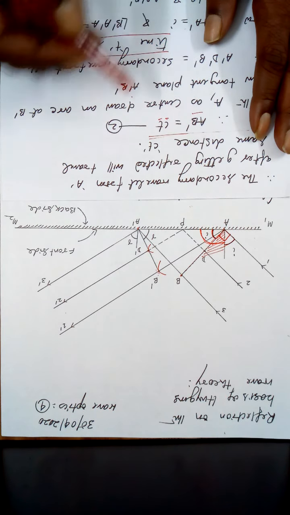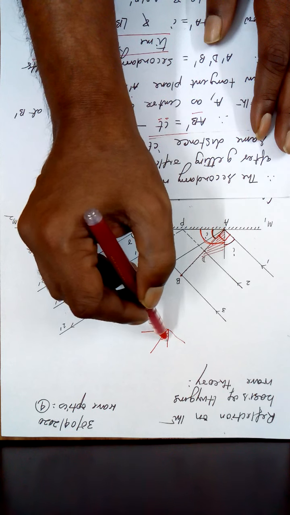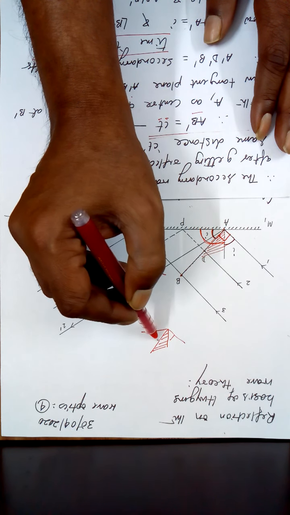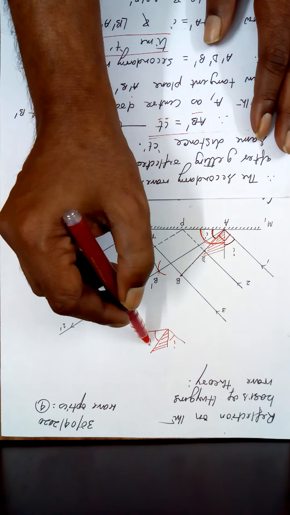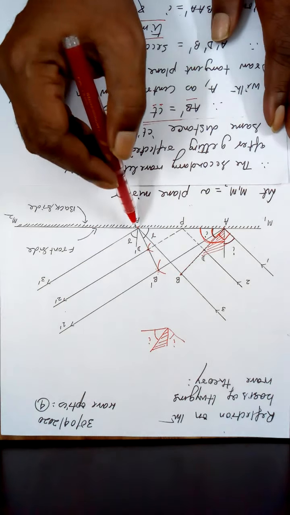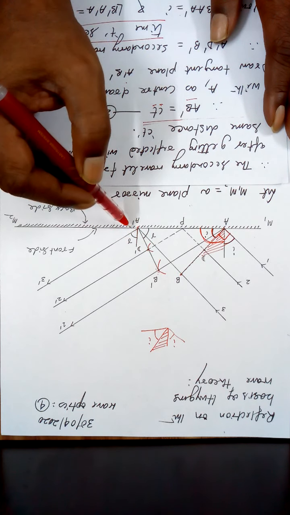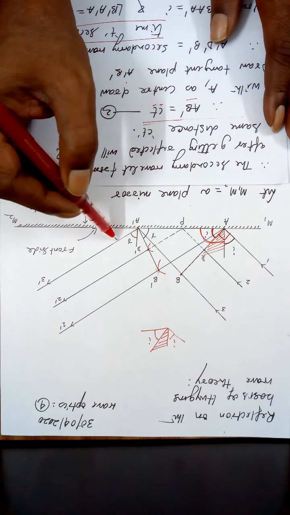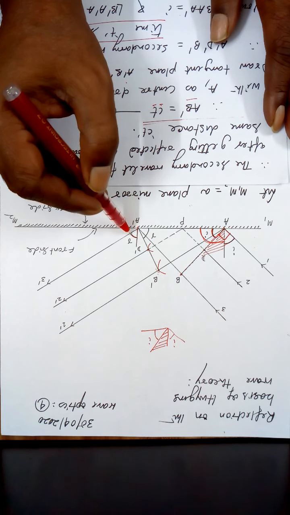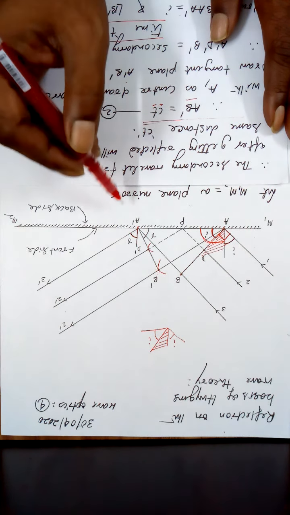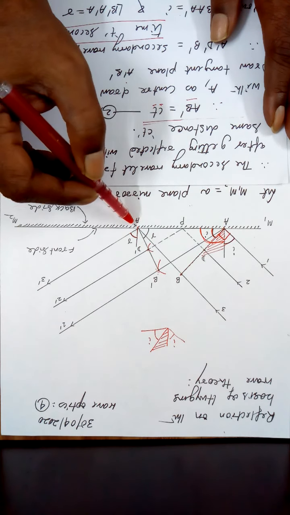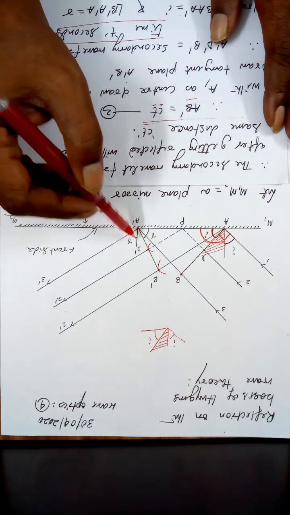Means this is 90 and this is 90. So this is the common part. So when this is taken out, this angle will be equal to this angle. If this is I, therefore this will also be I. Similarly at A dash, this is the normal. This is the reflected ray. So this is equal to angle of reflection R. Now look, this wavefront A dash, D dash, B dash is normal to the rays 1 dash, 2 dash, 3 dash.